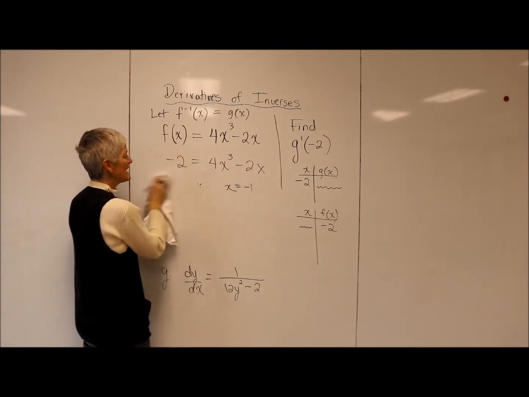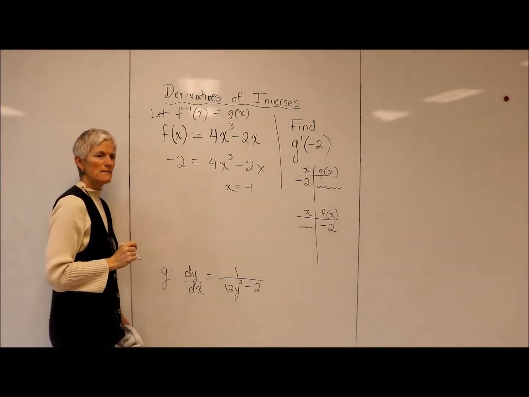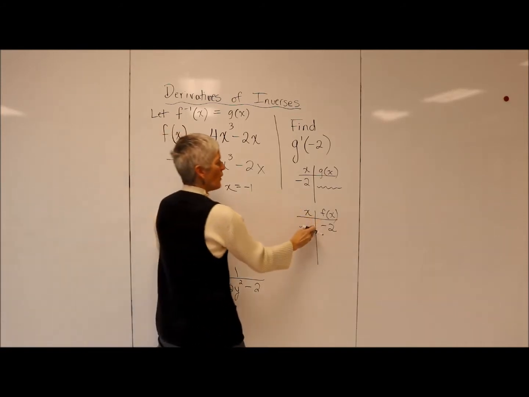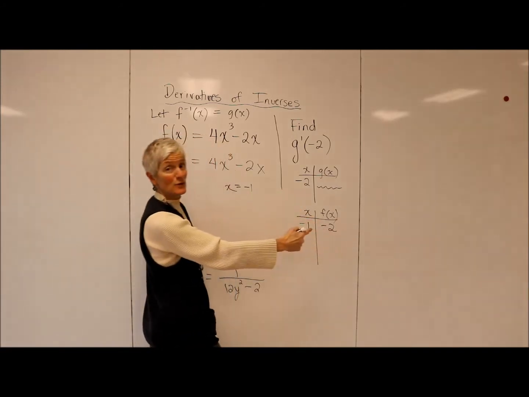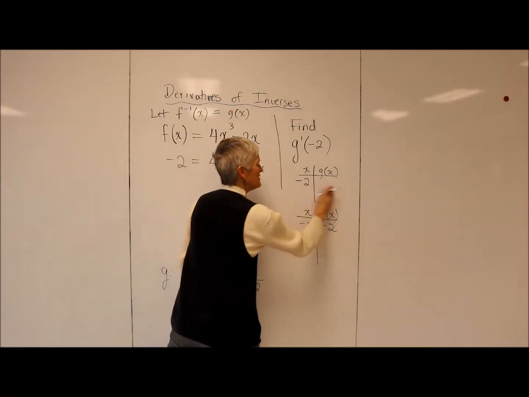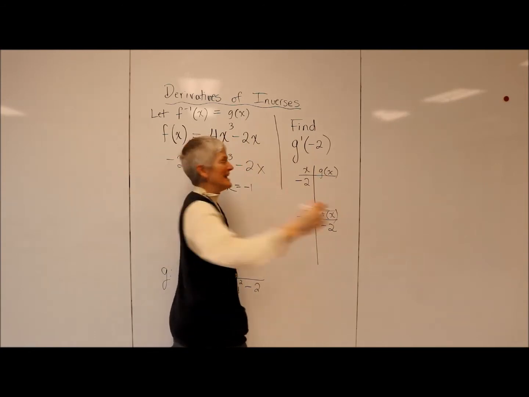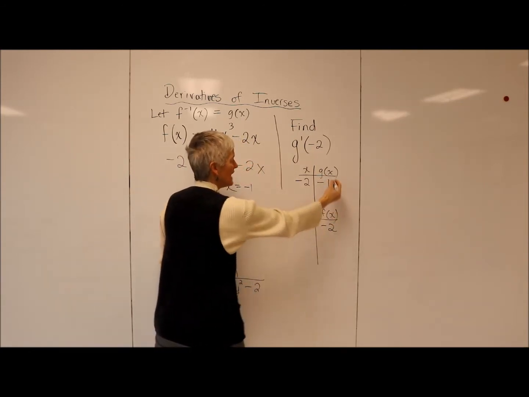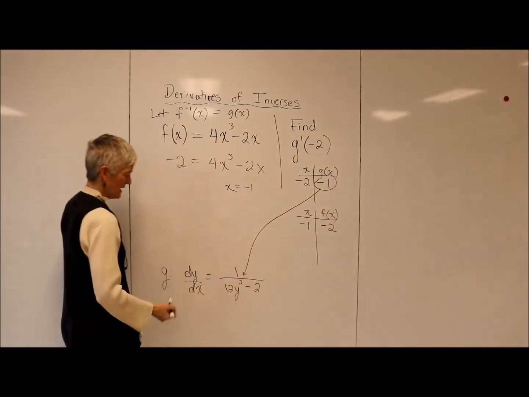I just kind of did that in my head, but you guys out there could do it in your graphing calculator. Is that going to work? Yeah. So in other words, when x is negative 1, my f of x is negative 2. Well, that means when x is negative 2, my g of x is going to be? Negative 1. And now I have the y value that I needed to plug in.